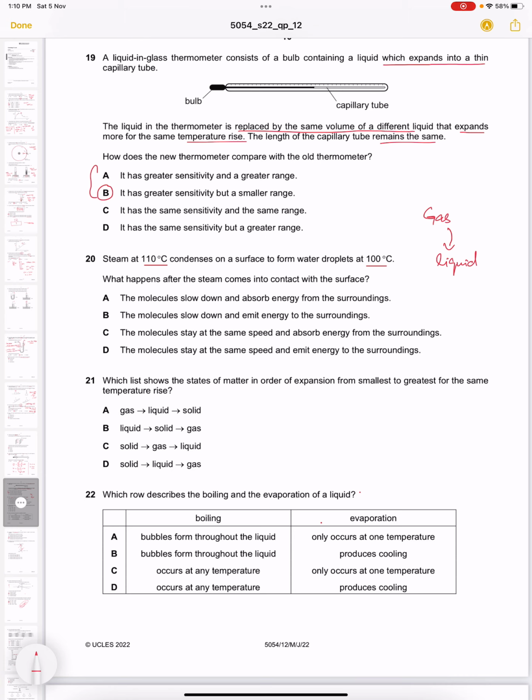What happens after the steam comes into contact with the surface? When it comes into contact with a cooler surface, the molecules will slow down, and what do they do, absorb energy or emit energy? Definitely, since they are cooling down, they will emit energy to the surroundings. That's the correct one. So option B is the correct option.